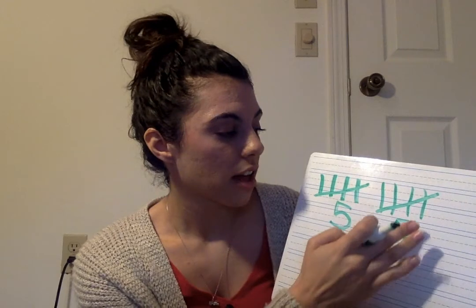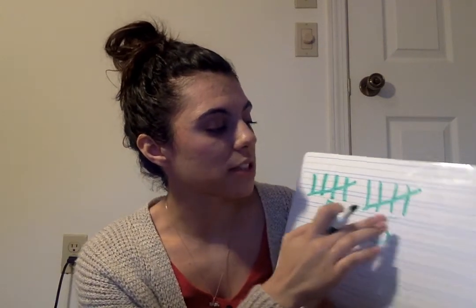We know from our doubles wrap what 5 plus 5 is. 5 plus 5 equals 10. Okay, so that's us counting by 5's. 5, and then we know that 5 plus 5 equals 10.